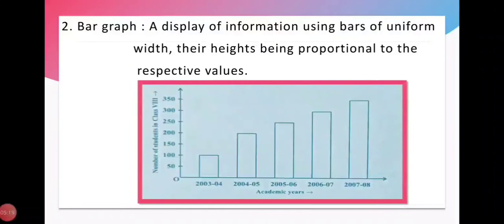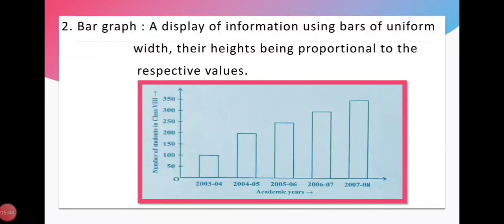For example, you can see here that a bar graph is shown. Different years are given, from 2003 to 2004, 2004 to 2005, 2005 to 2006, 2006 to 2007, and 2007 to 2008. These are the academic years which we are taking on the horizontal axis.